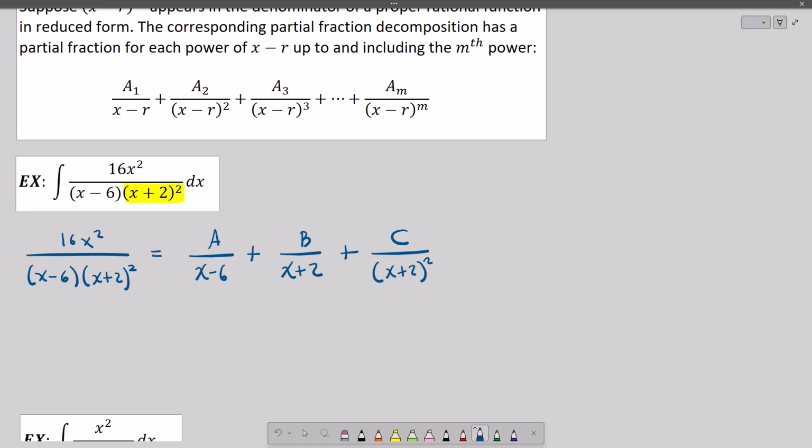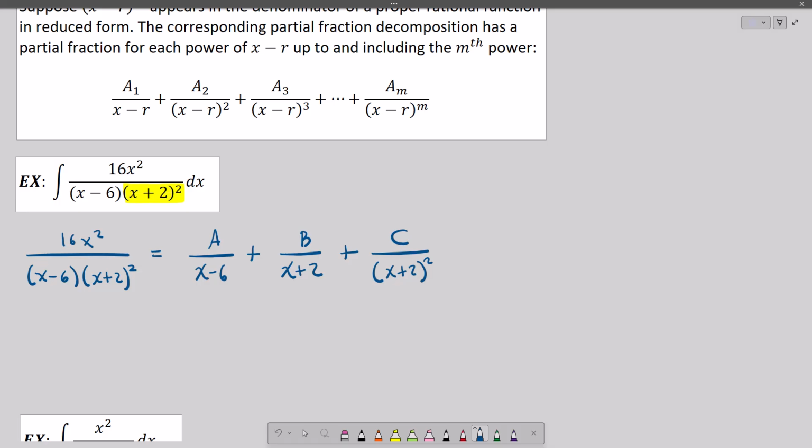Why wouldn't you just have 2 fractions without the exponent? Why does it have to be partial fractions with the exponent? So if we want to build this sum back to here, we need to have a 2 as a power in the denominator somewhere to build it up.